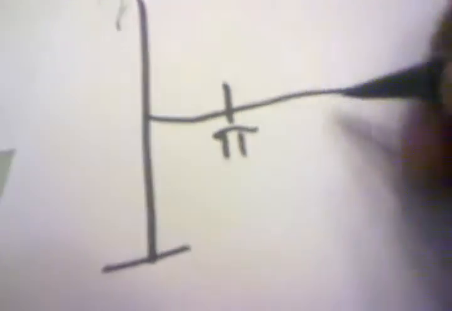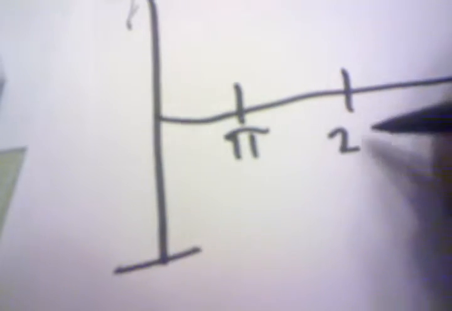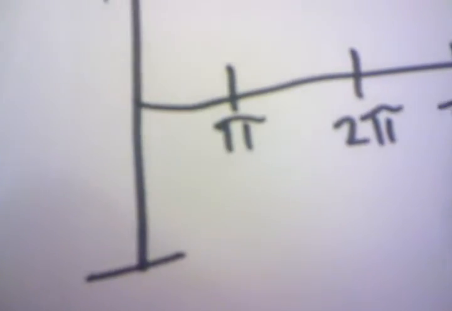So now we're going to draw our graph. Alright, this is going to be 1, and this is going to be -1.